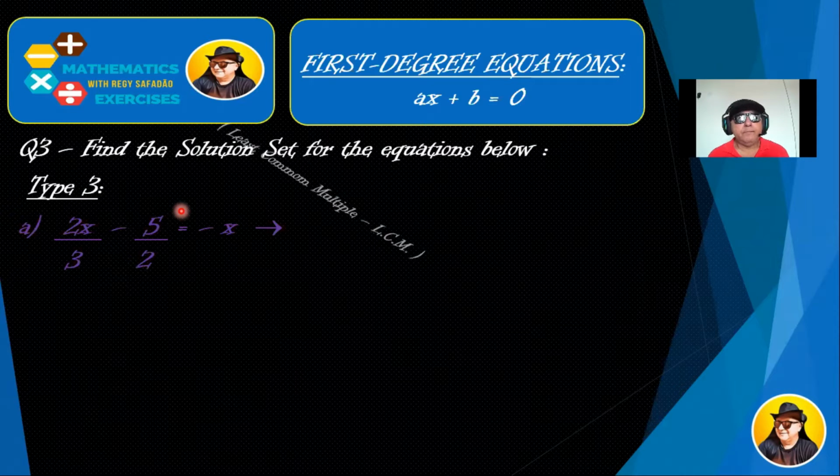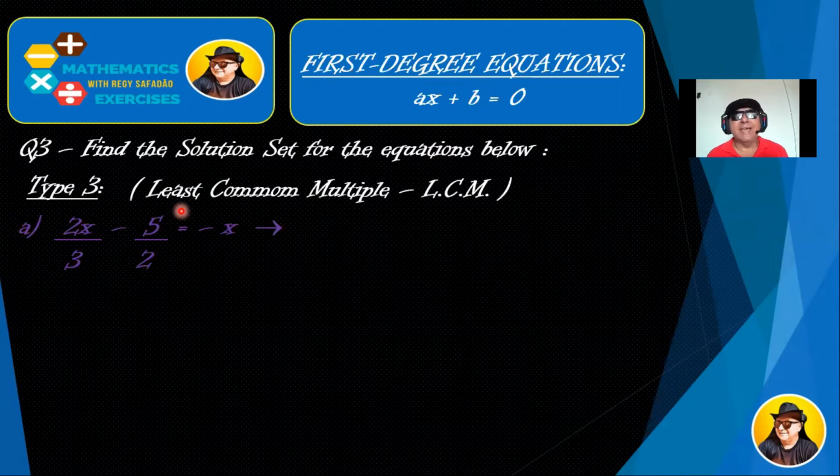So I have to get the LCM, or least common multiple, to get the same denominators for the fractions. Then I can operate. So I have to calculate the LCM between 2 and 3.